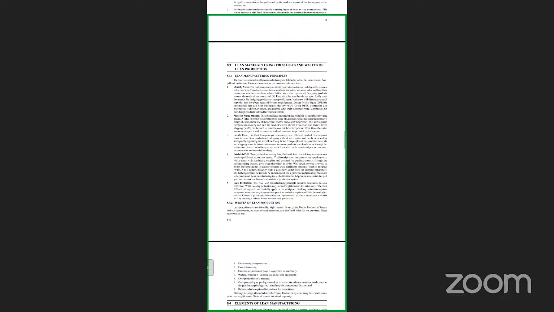The first lean principle is identifying the value, the first step in the journey to become lean. This step is required for any business to define what customers value and how the products or services meet these values. Value requires designing products to meet the needs of the customers.